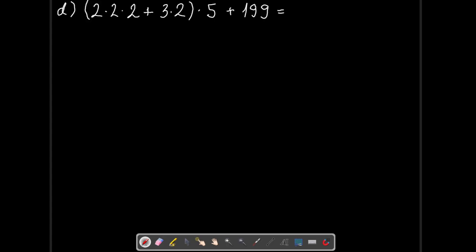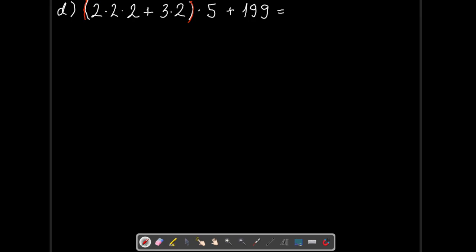Okay, so we only have one bracket here. We need to solve the bracket first, and let's see what's inside of it. We have addition and multiplication. So this is a triple multiplication here, and this is just a multiplication of two numbers.